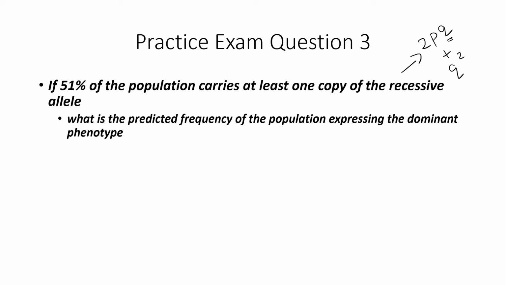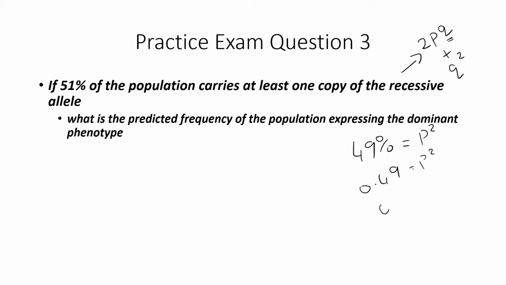What that means is 49% of the population are represented by the group that's not listed, which is the p squared. So if we know that 49% is equal to p squared, we can work our way back. We divide by 100, gives us a frequency of 0.49 equals p squared.